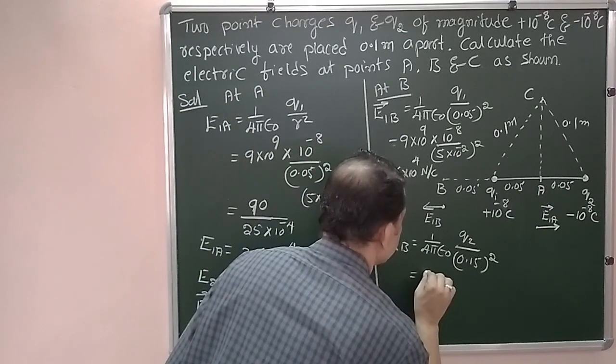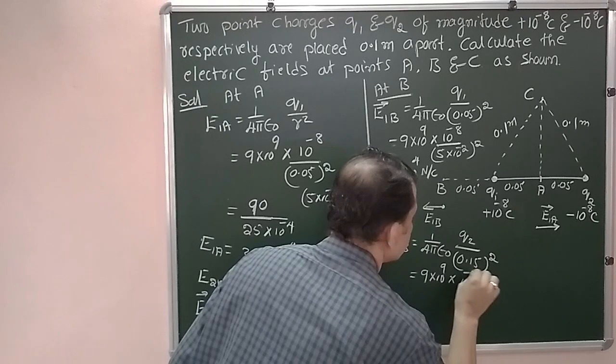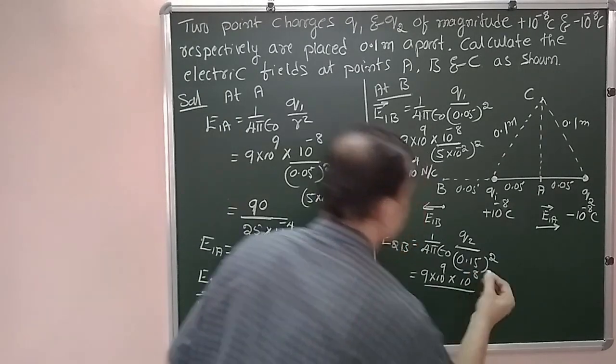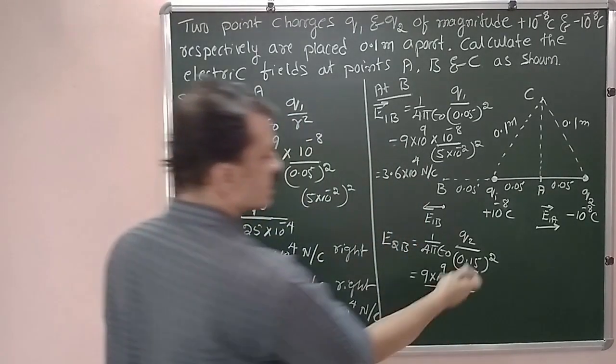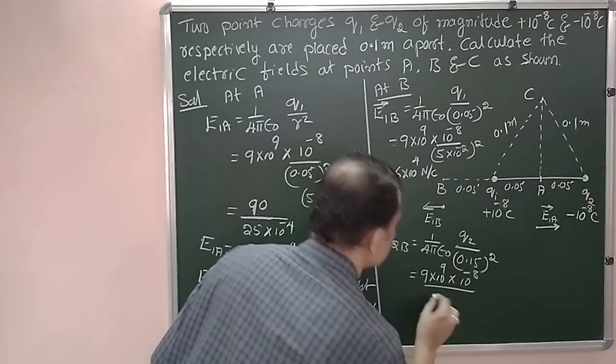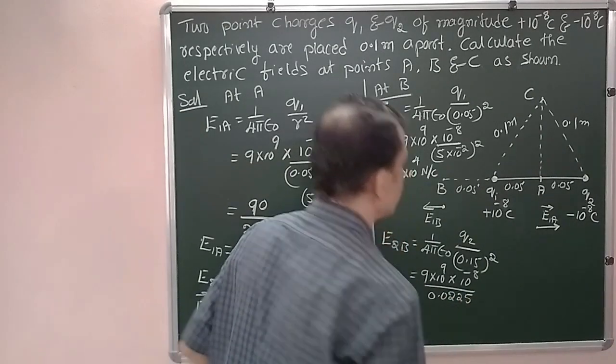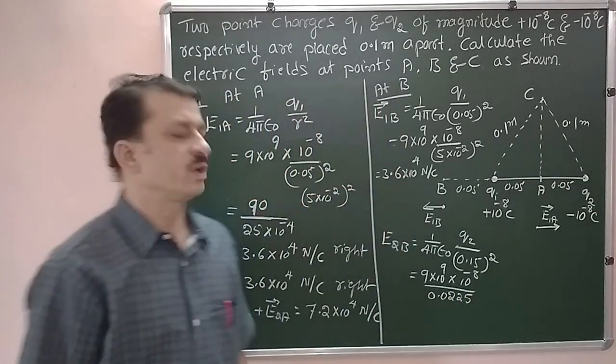Now substitute and simplify. 9 into 10 to the power of 9 into 10 to the power of minus 8 divided by 0.15 whole square, which is 0.0225. 15 square is 225.